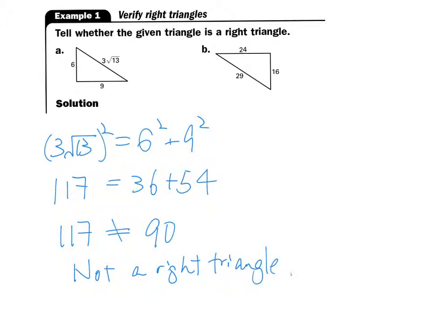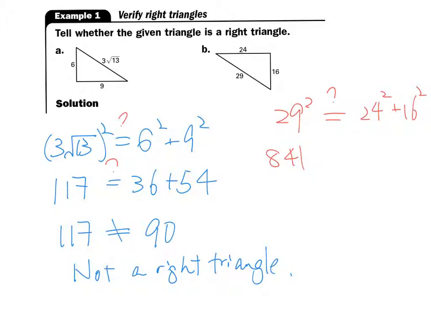Okay, let's look at the second one. If this angle is a right angle, and I really should put a question mark there, I would have to satisfy the Pythagorean theorem. So the hypotenuse squared should equal the sum of the two legs squared. 29 squared, I have to use my calculator, is 841 on the left-hand side.